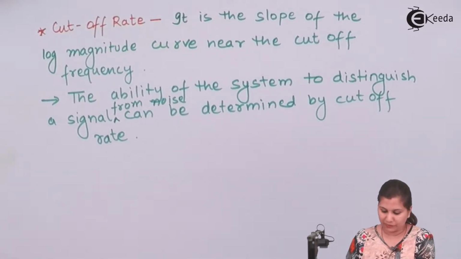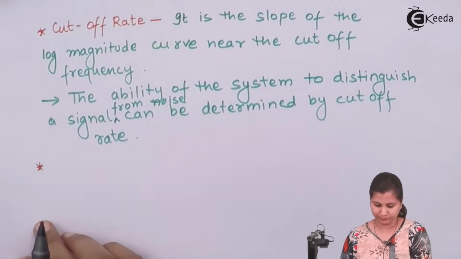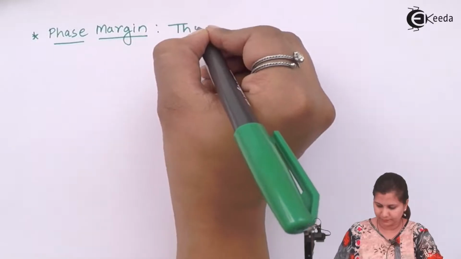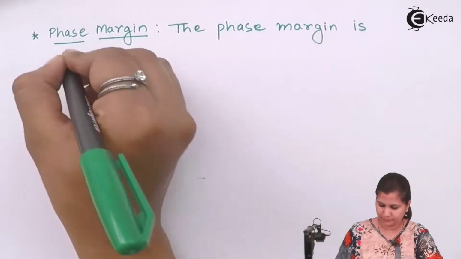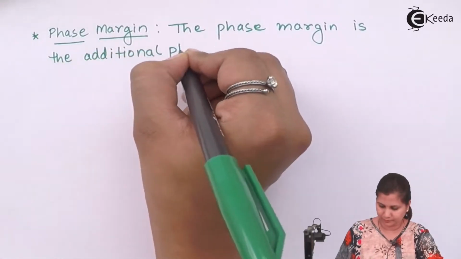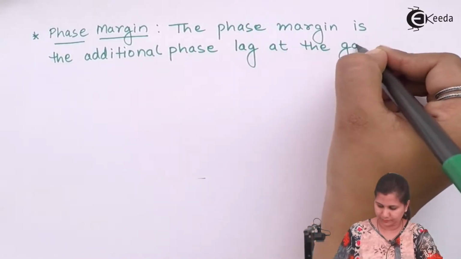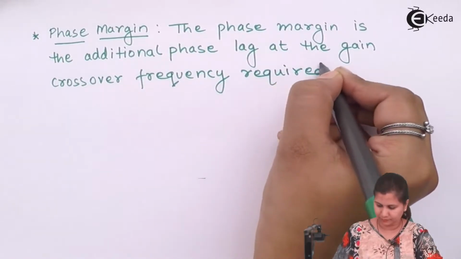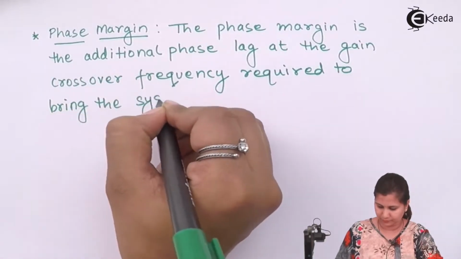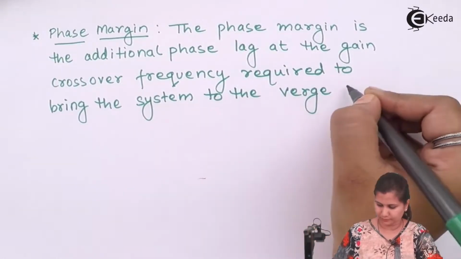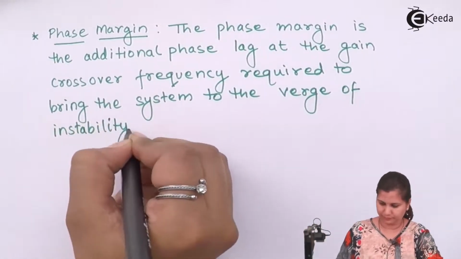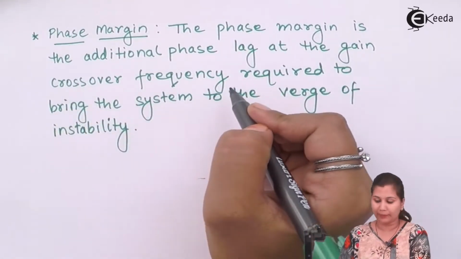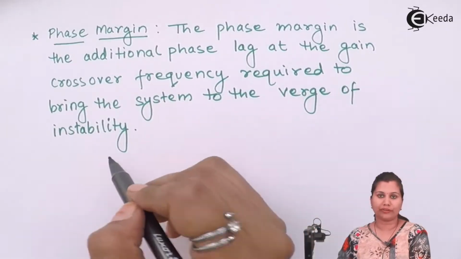Okay. Now, next specification is phase margin. So phase margin is defined as the additional phase lag at the gain crossover frequency required to bring the system to the verge of instability.